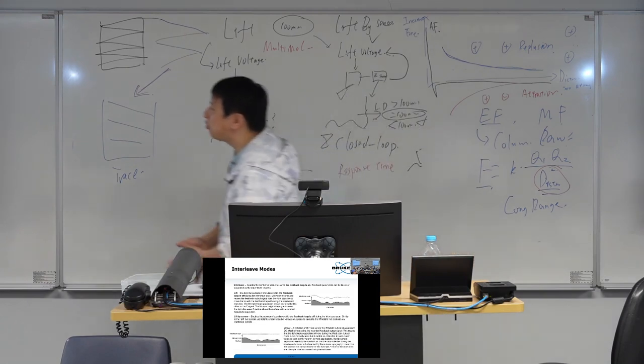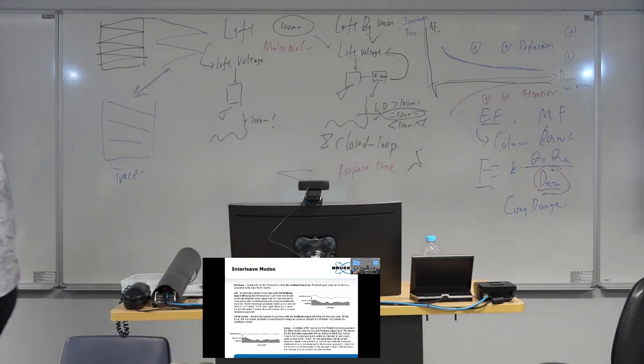So that's why in the software you will see a third interleave mode, the so-called linear. In the linear mode, in the lift scan, the probe is moving at a constant height.